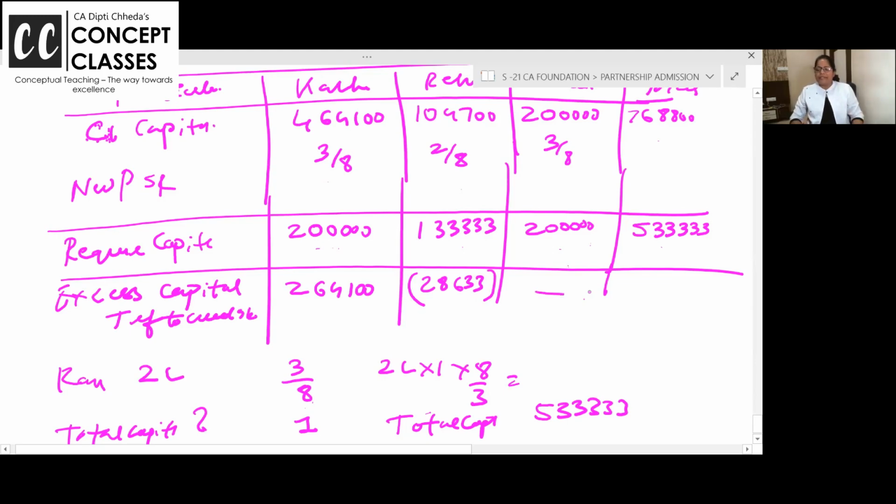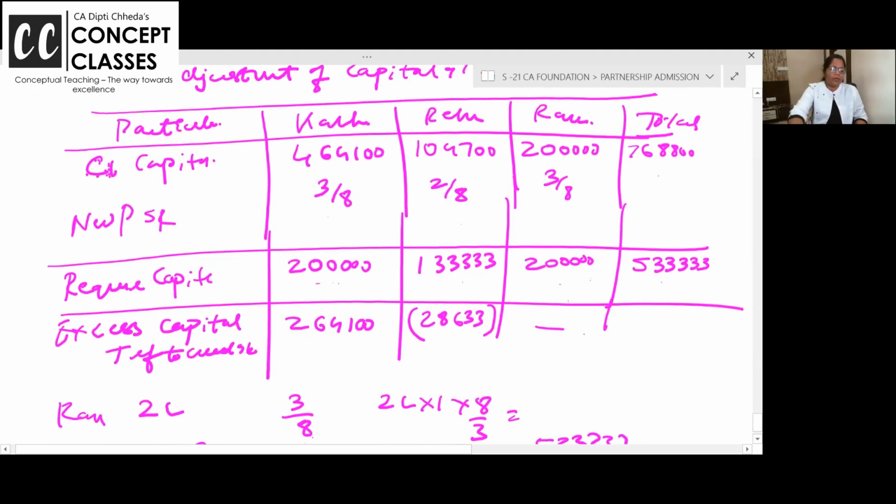Now first ask your doubt. Is it clear? Closing capital is 768 but we want it to be 533, also in the ratio of 3:2:3. So the excess capital is transferred to the current account.